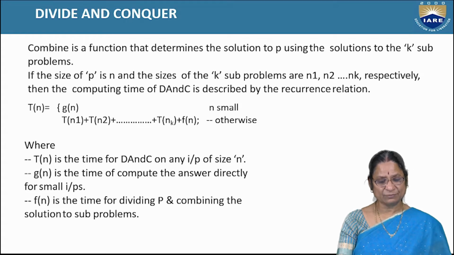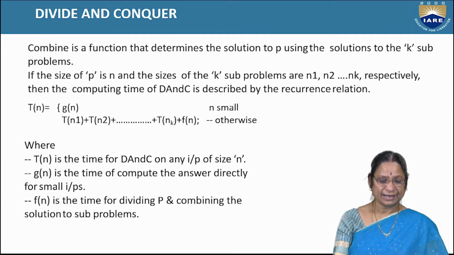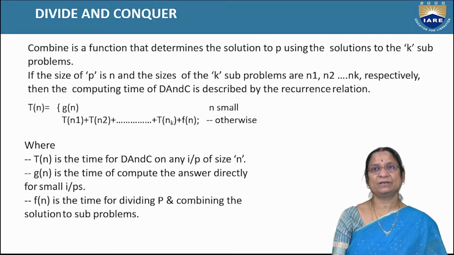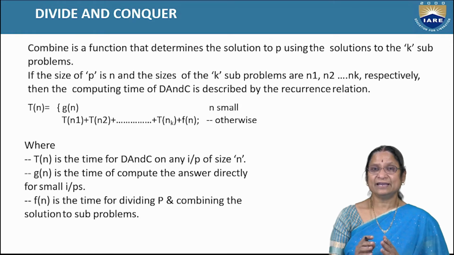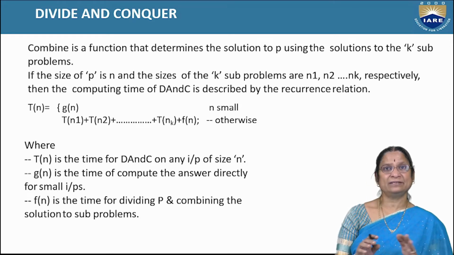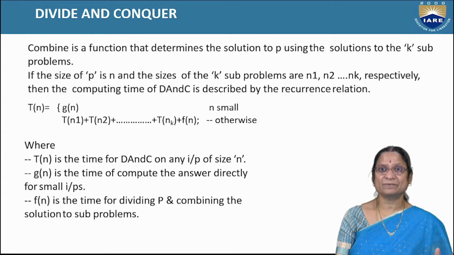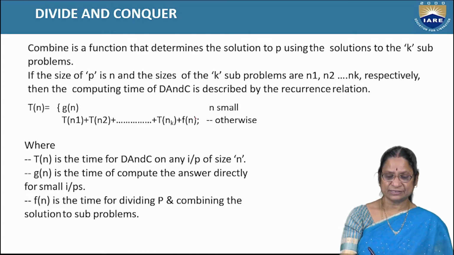G of n is the time to compute the answer directly for small n. And f of n is the time for dividing, because the problem we are dividing, no? Again we are combining results. Division of the problem as well as combining the results of the subproblems also takes some time. So that's why we are using this f of n.